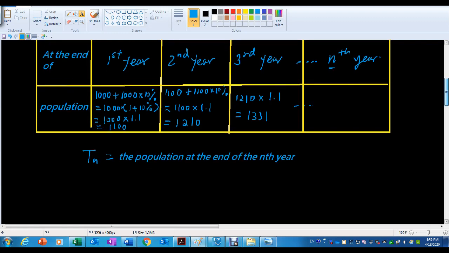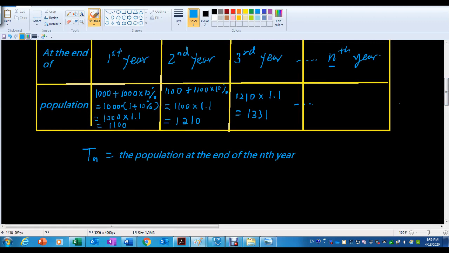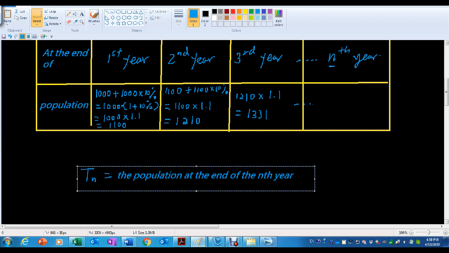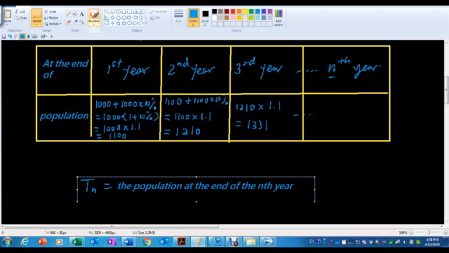If we have a look at the previous 3 years, you could see from the first year to the second year, you multiply by 1.1, right? So do you see a pattern of a GS?